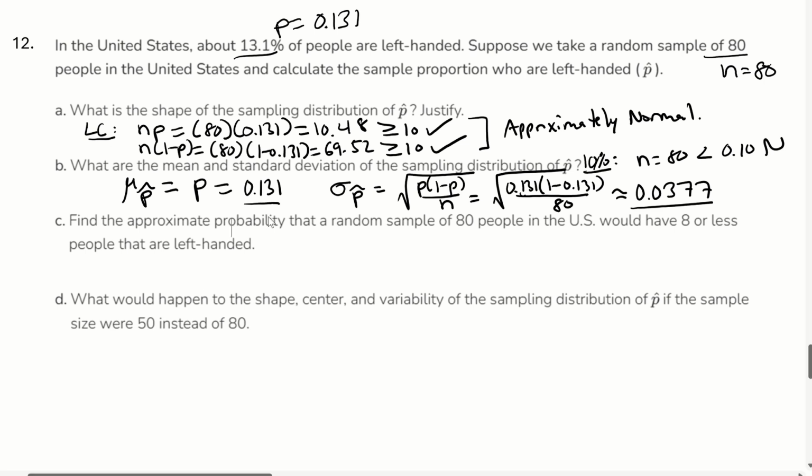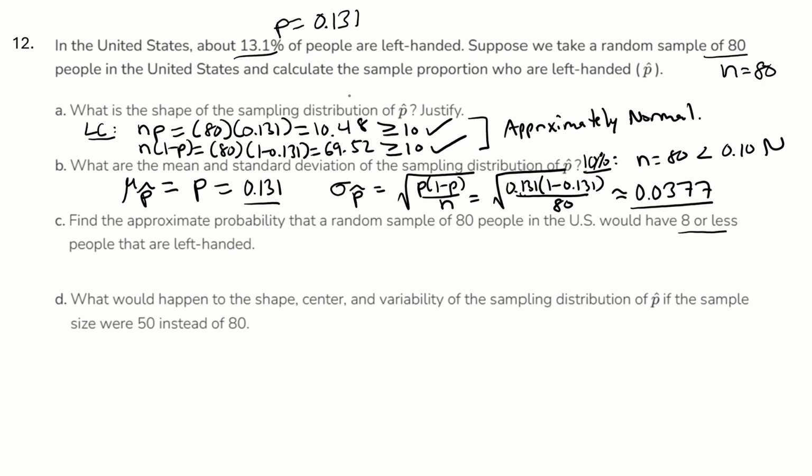Find the approximate probability that a random sample of 80 people in the US would have 8 or less people that are left-handed. So our sample size is 80, and we have 8 or less people.